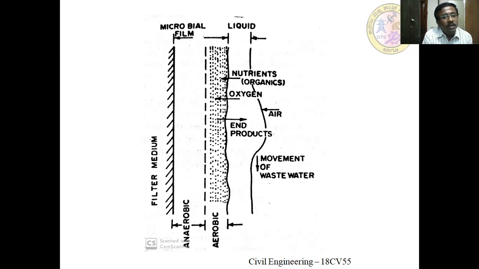As the wastewater flow goes on increasing, the thickness also increases. With that thickness, the amount of degradation of the organic matter goes on decreasing. Okay, this is the simple principle which occurs in the trickling filter.